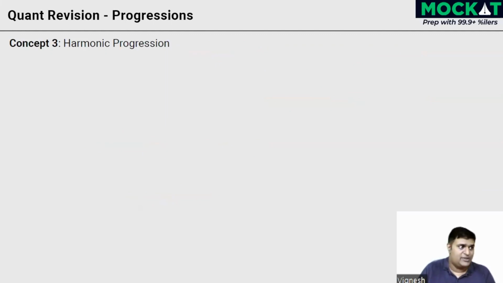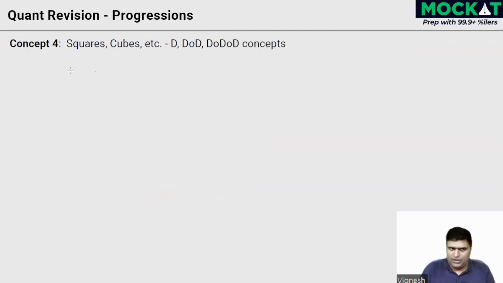Now let's move into the special types. So the first concept here: squares, cubes, and all of that, and difference of difference. These I've given you. This is actually used for arithmetic or geometric sequence, which we'll look at shortly. But we also need to establish a pattern over here, right? So 1 square, 2 square, 3 square, and all of that. What are they? 1, 4, 9, 16, 25.